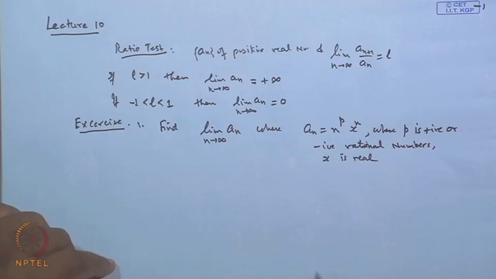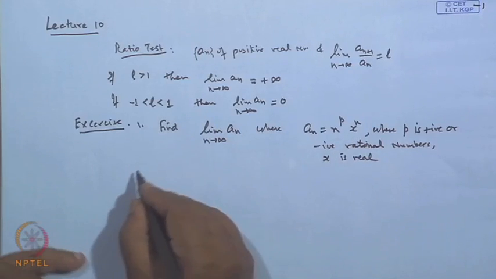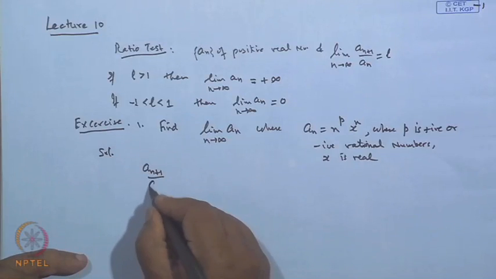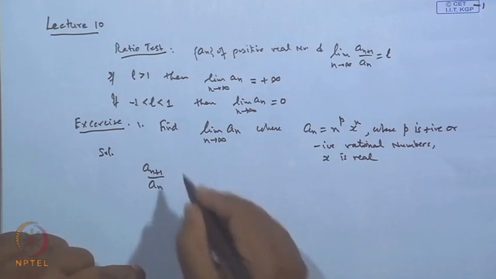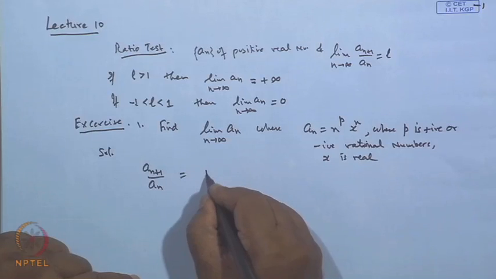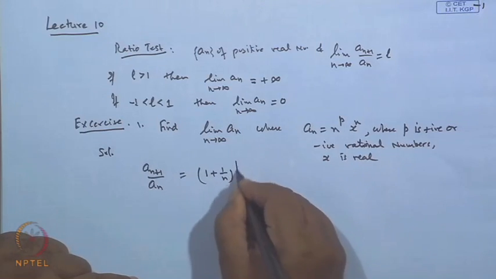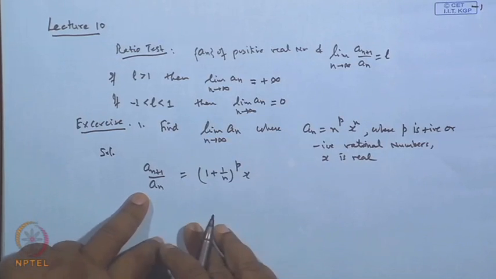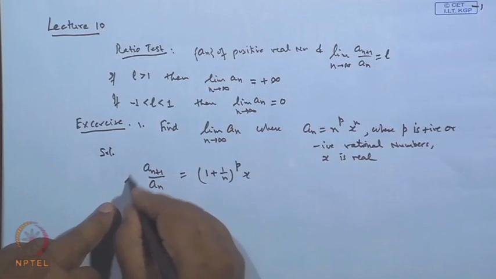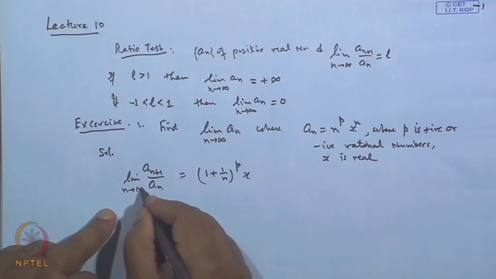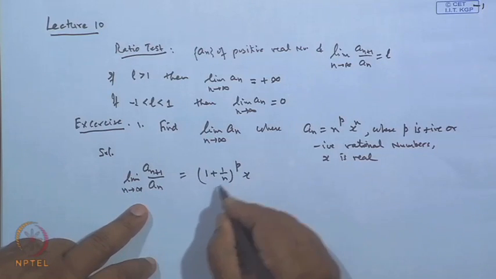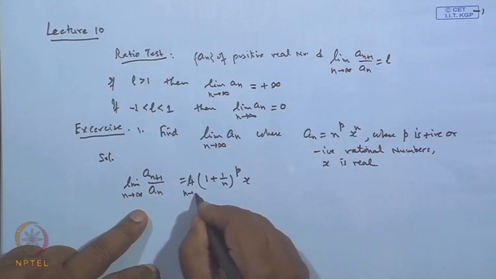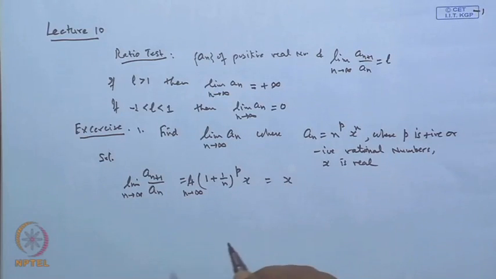Okay. Now, let us apply the formula. What is a n plus 1 over a n? It comes out to be 1 plus 1 by n, raised to the power p, times x. Now, when n tends to infinity, p is fixed, so this term will go to 1, and the limit is nothing but x.